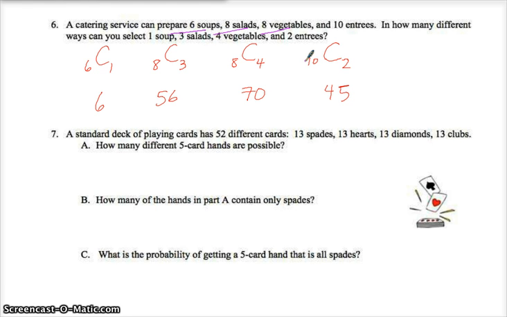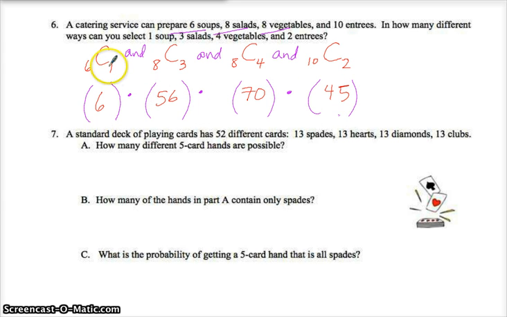And so we want to have 1 soup, and we want to have 3 salads, and we want to have 4 vegetables, and we want to have 2 entrees. And whenever we use the word and, we have to multiply those results by each other. So when you plug into the calculator, you should have gotten 6 for this one, 56 for the second, 70 different ways for the vegetables, and 45 different ways for the entrees.